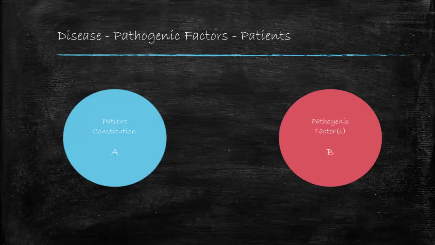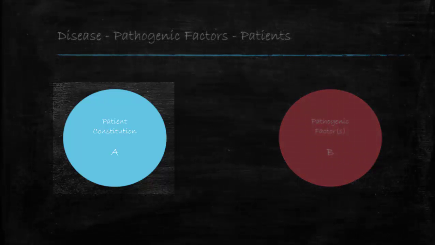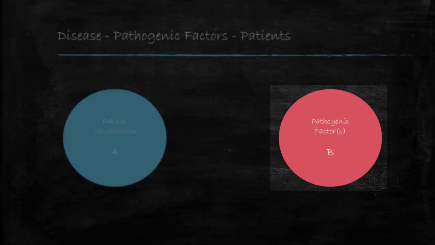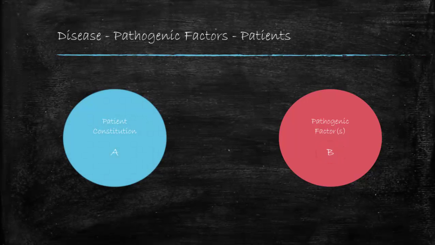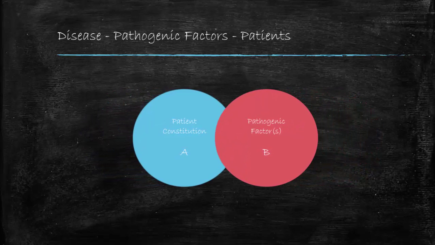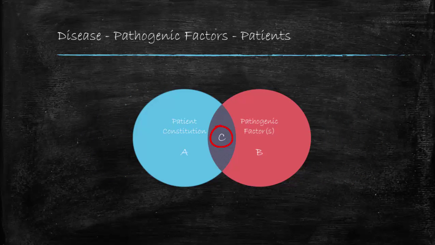Let's look at the relationship between disease, pathogenic factors, and patient constitution. On the left-hand side, I have a blue circle representing the patient constitution, and I label that as A. On the right-hand side, I have a red circle representing the pathogenic factor or factors, and I label that as B. And when we combine these two, we create C, which is the syndrome or disease, right?